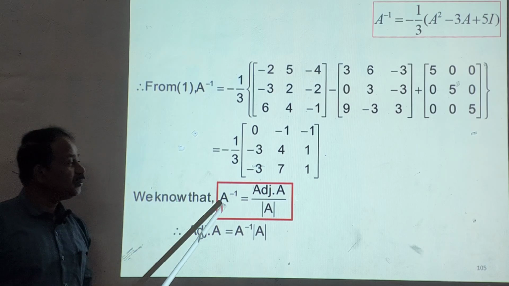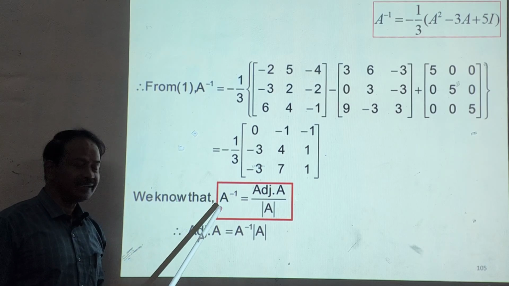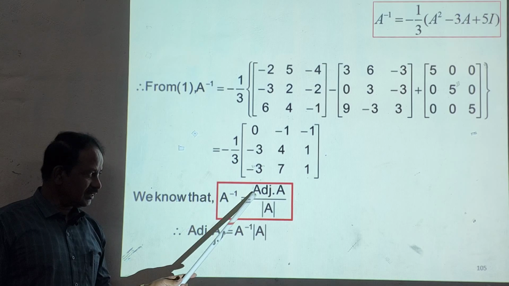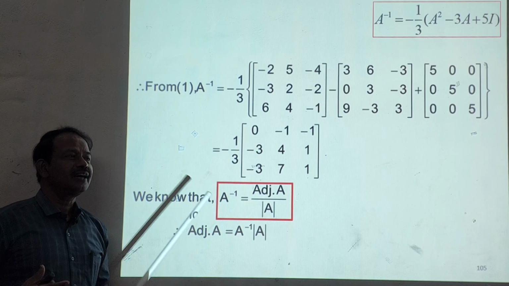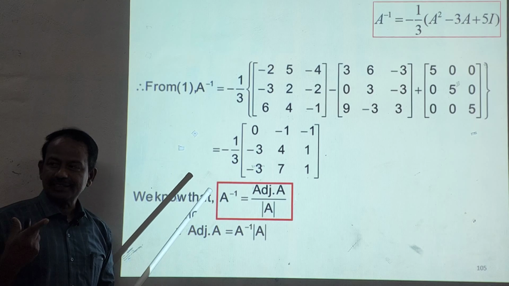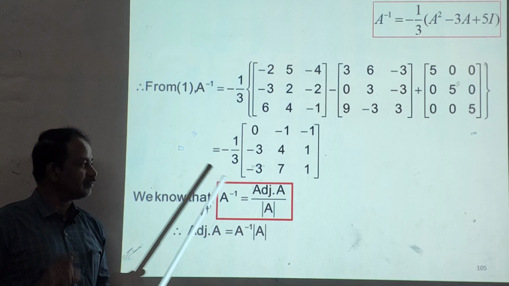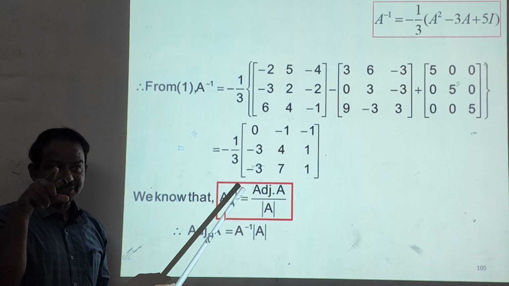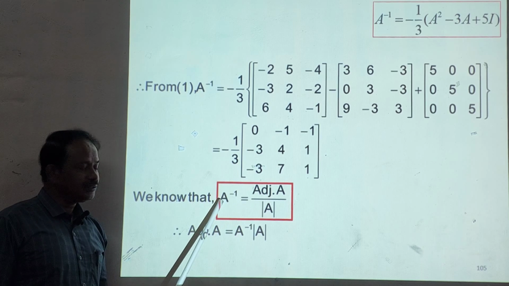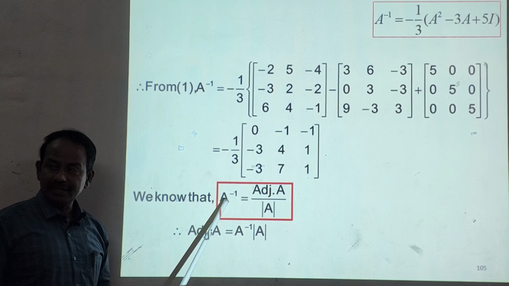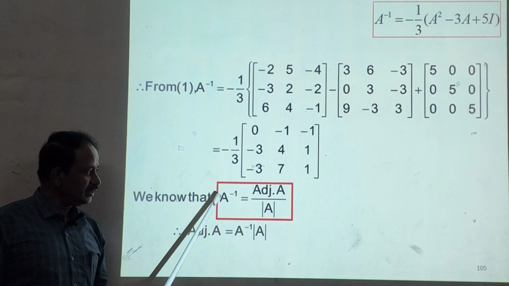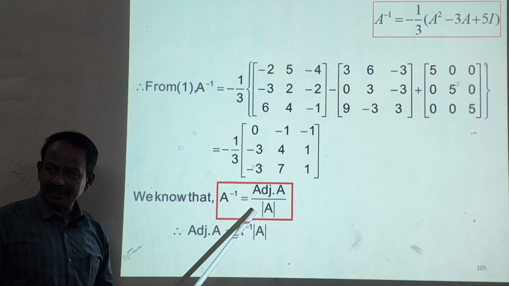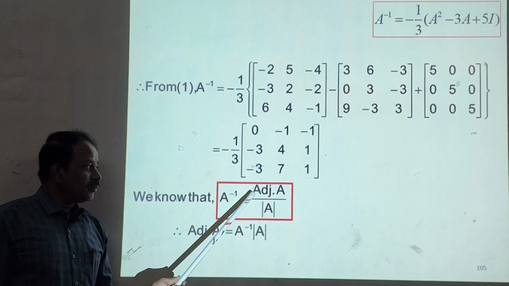Now as we discussed earlier, we will have to find out adj A. Adj A is, as I said earlier, the transpose of the cofactor matrix, with the sign. Now there's a formula to find A inverse, which is equal to adj A by det A. A inverse equal to adj A by det A. What is the problem?